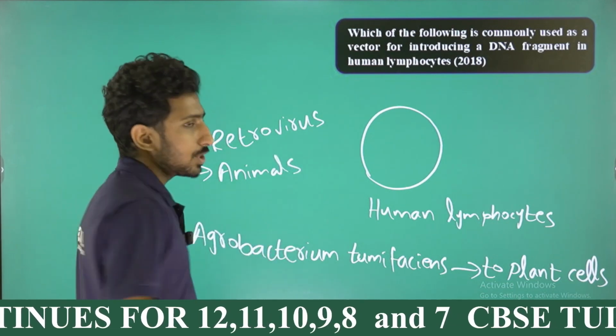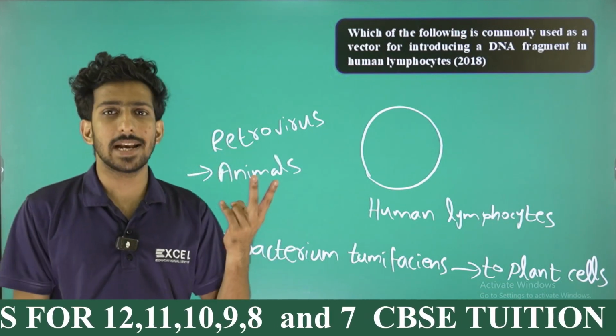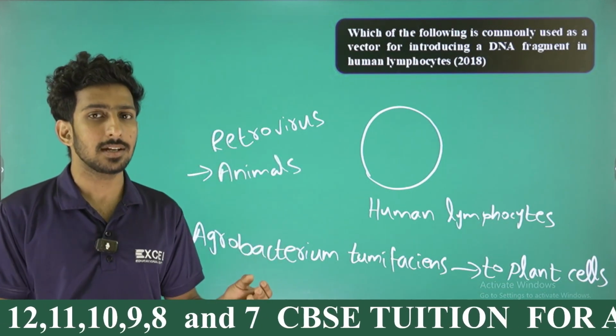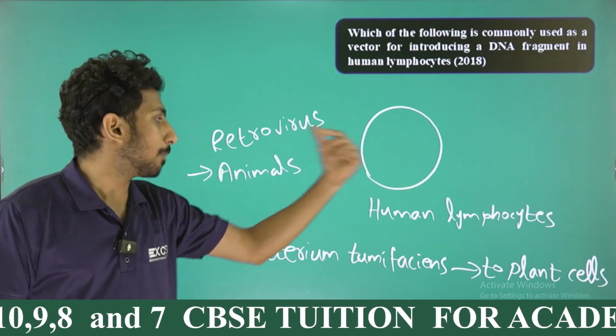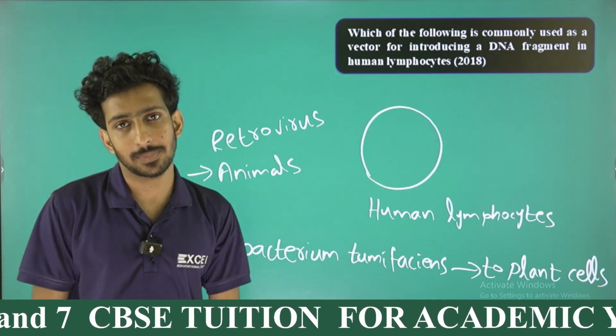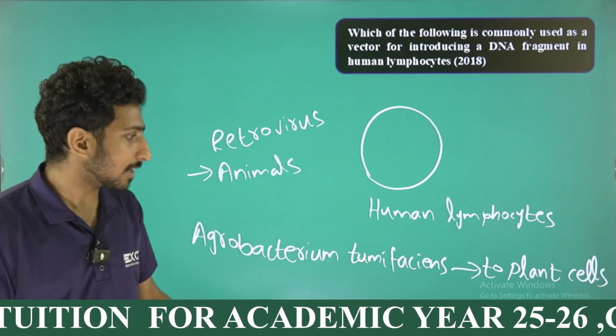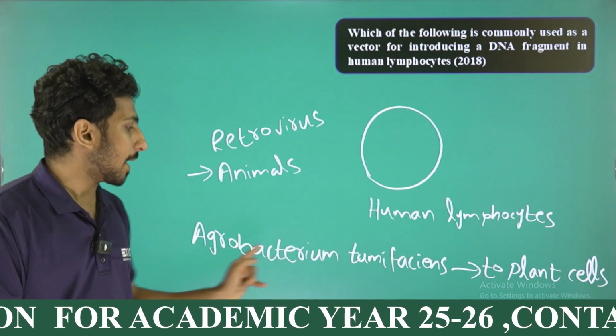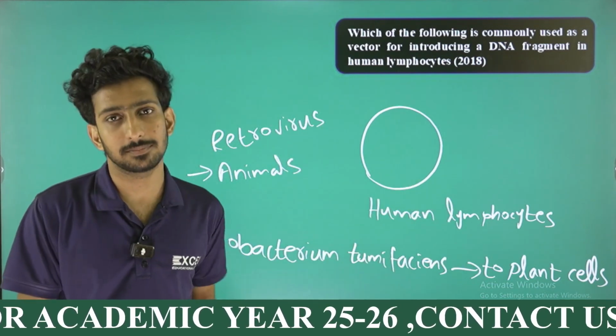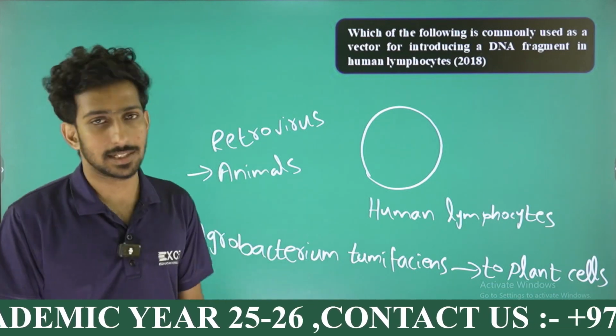The question will be, name 2 organisms that can be used as a vector, one to plant cell, one to animal cell. To animal cell we can use retrovirus as a vector, to plant cell we can use Agrobacterium tumefaciens as a vector. Got it? One is a virus, one is a bacteria.